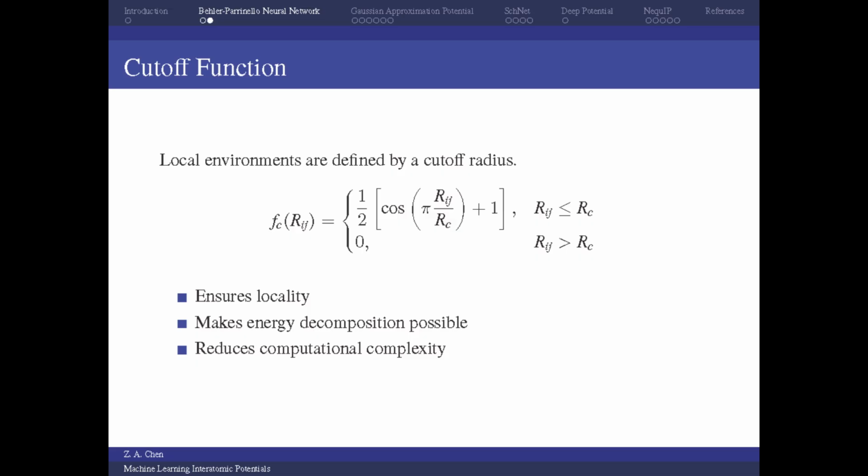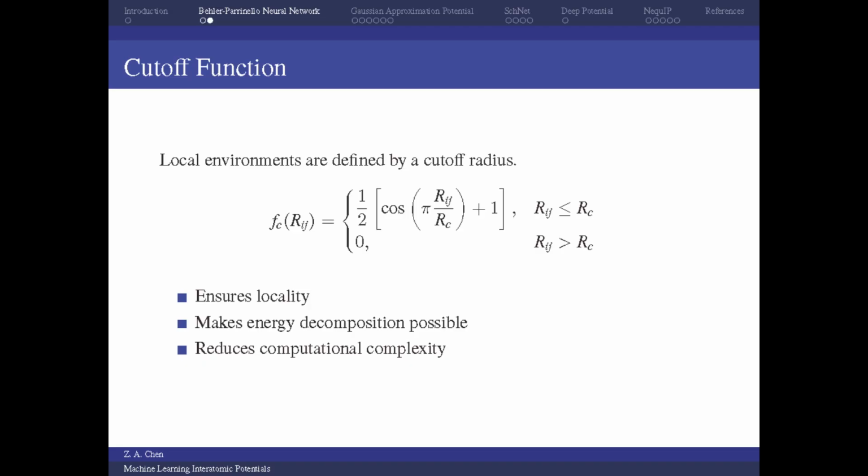Now the next question becomes, how do we design these symmetry functions? They must satisfy translational, rotational, and permutation invariance. To define the local environment, the paper introduced a cutoff function like this.